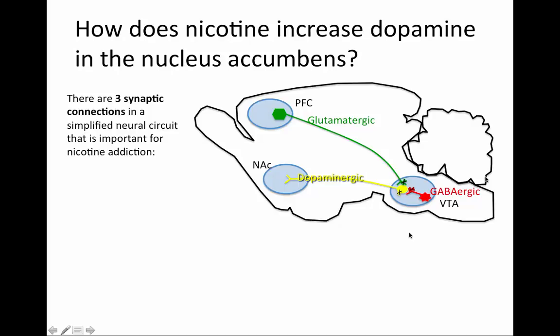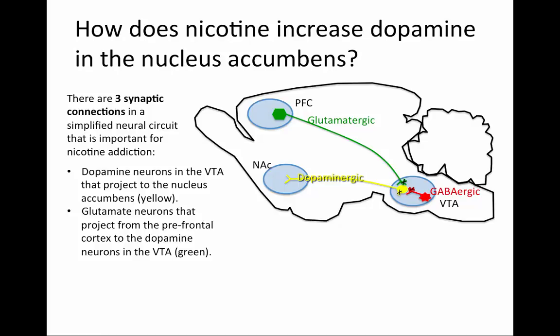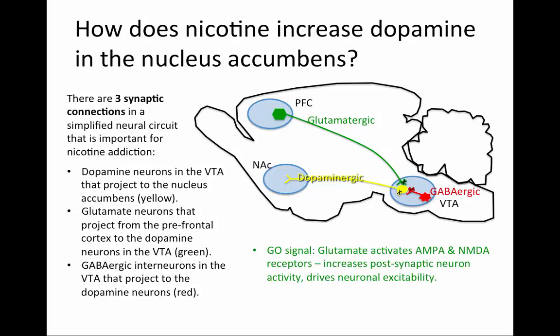Glutamate activates AMPA and NMDA receptors, which increase neuronal activity. GABA activates the GABA chloride channel, which hyperpolarizes the neuron and decreases neuronal activity. Thus, these two connections can be thought of as go and stop signals onto the dopaminergic neuron.